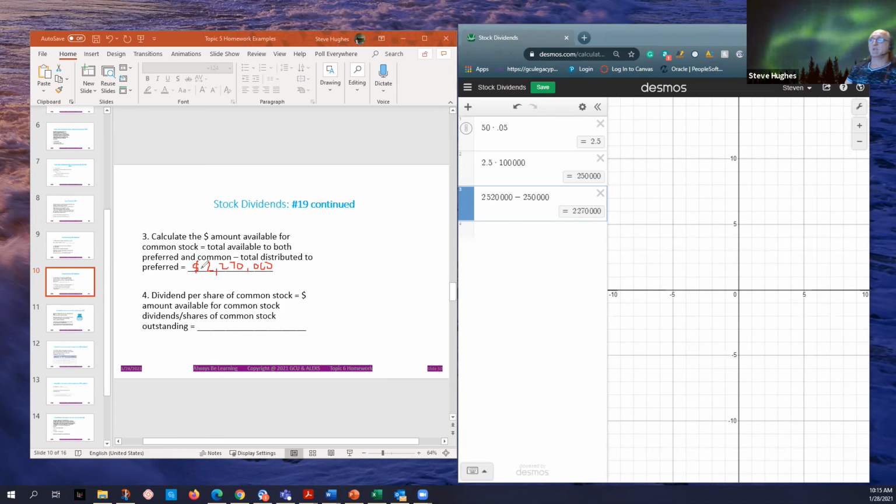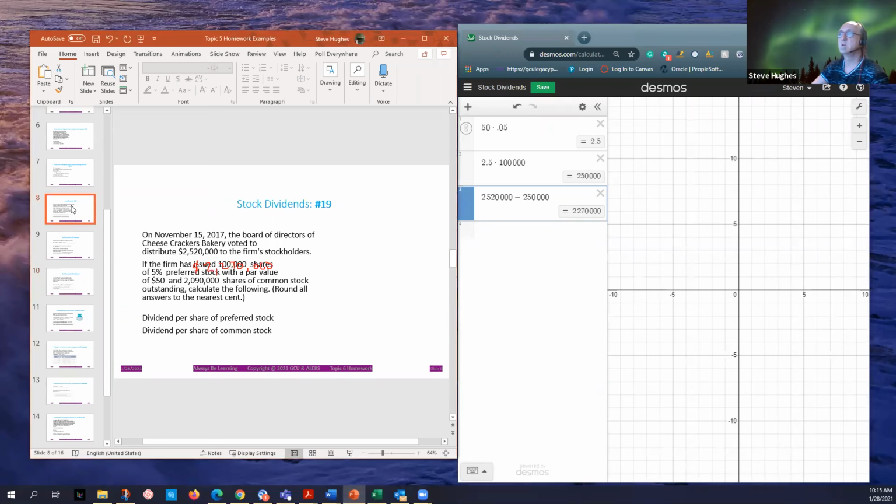All right. Dividend per share of common stock equals the dollar amount available, what we just calculated, divided by the shares of common stock. How many shares of common stock did they have? Let's go back up here. Shares of common stock. Don't worry about the 2,270,000, we have it written down over here. There are 2,090,000 shares of common stock.